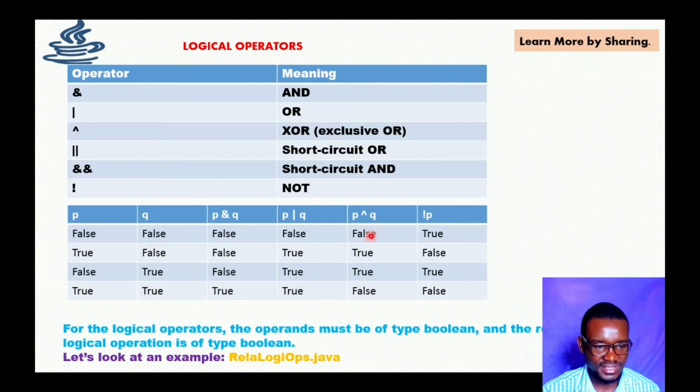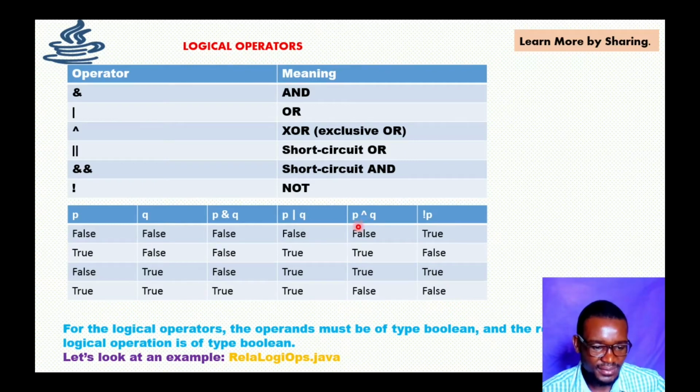Then the caret, which is the exclusive or, so only one has to be evaluated to true. So we can see that if you say P exclusive or Q, you receive false. Okay, and then here you say P is true and Q is false.